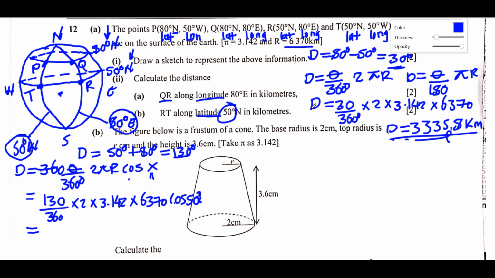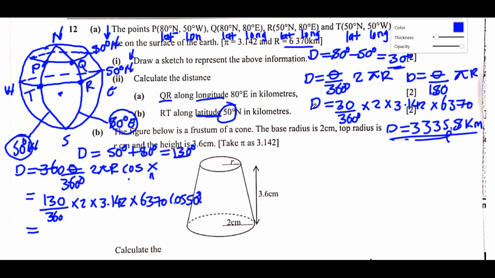So I'm just going to do the simple mathematics: 130 times 2 times 3.142 multiplied by 6370, then times cos 50, divided by 360.